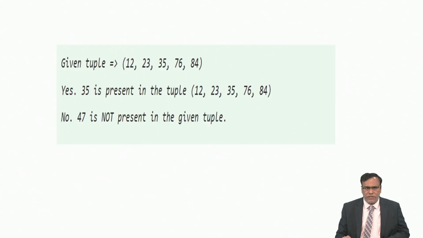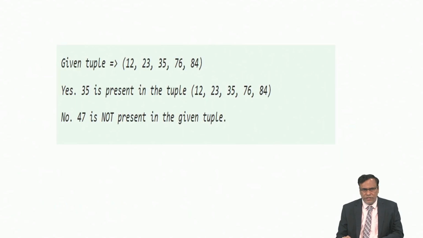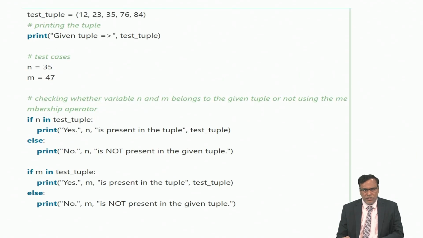So shall we work on this? See here, for example, this tuple has 5 elements. You are looking for 35. You know 35 is present. So yes, 35 is present in the tuple. That is the message you got. And you are also looking for 47, but 47 is not there.